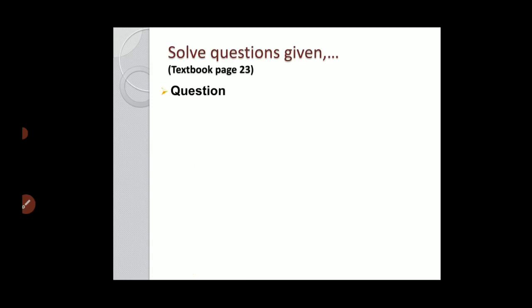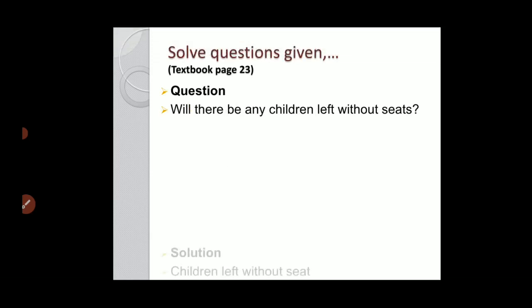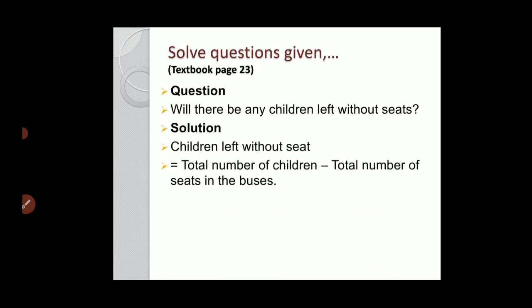Now moving to the next question. On the same page, that is textbook page 23, will there be any children left without seats? Now earlier we have already added all the number of students from different standards and that total came to 210.